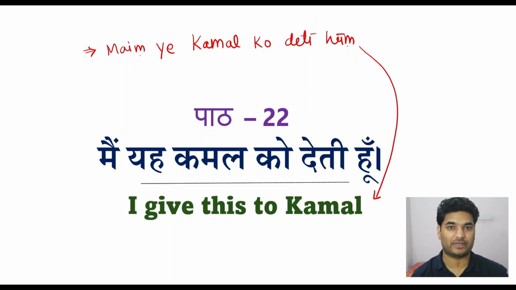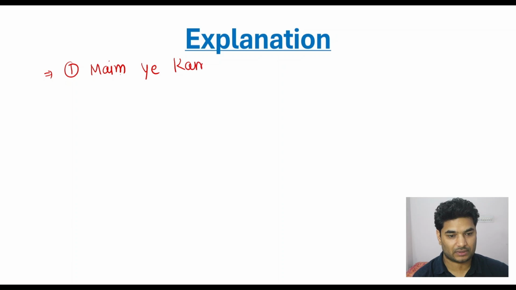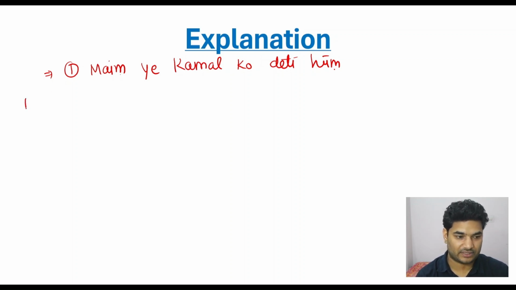Now let's go to the explanation page and let's discuss the grammar behind it. The sentence is मैं ये कमल को देती हूँ. All right. This is our sentence. So what do we notice the first thing here?